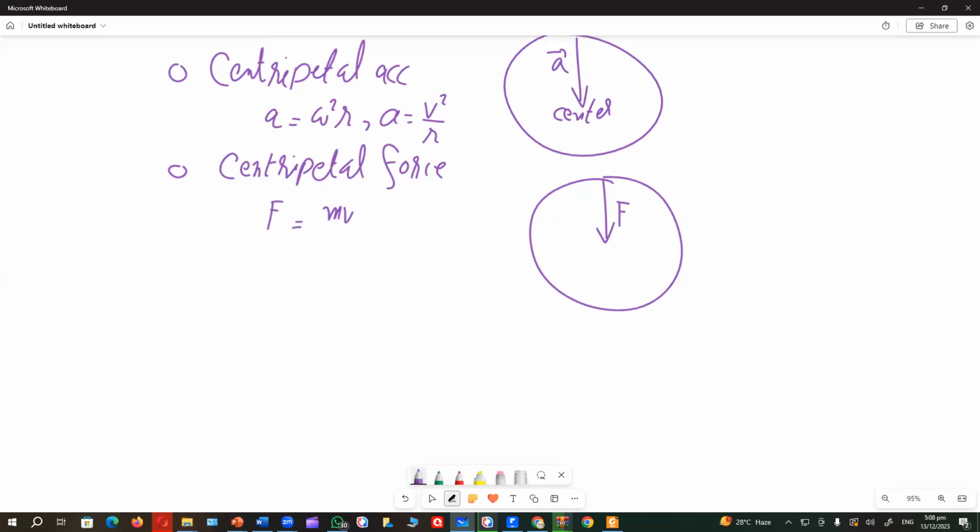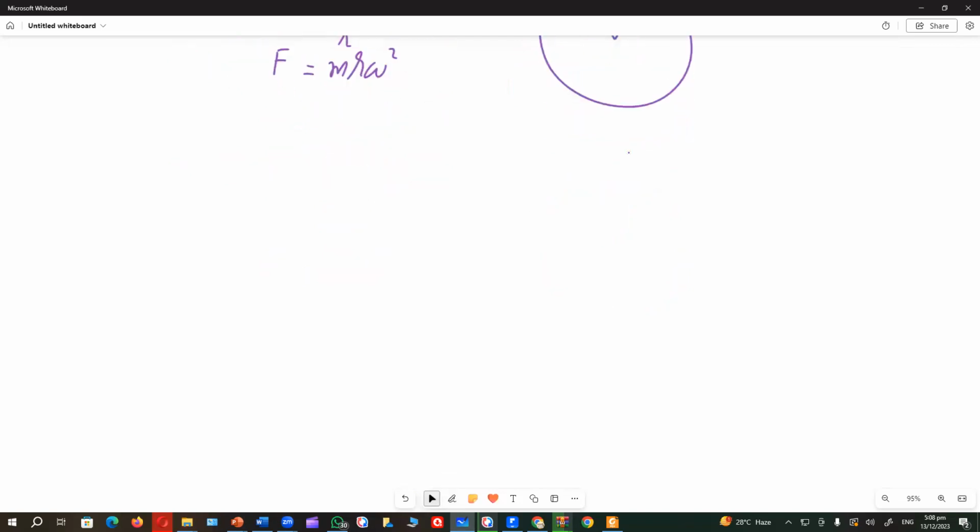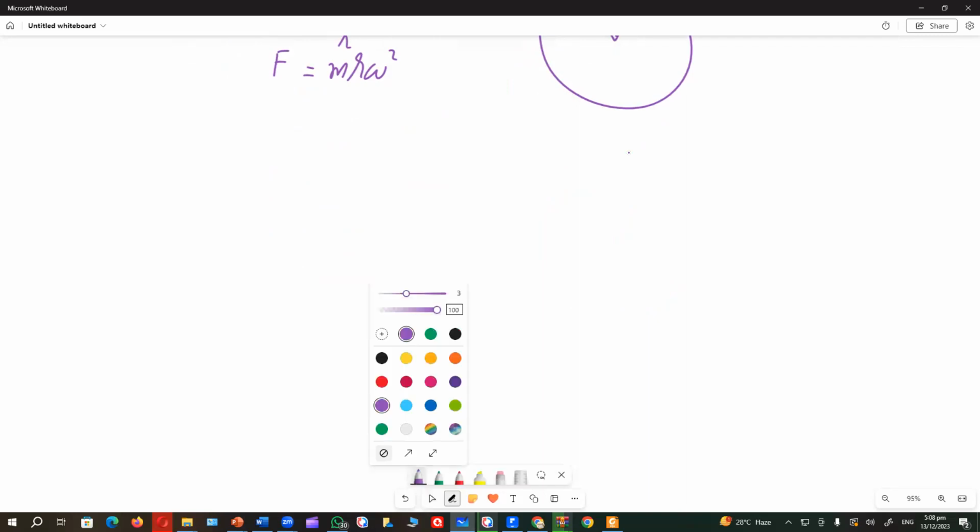I recall the formula: F is equal to mv square upon r, and F is equal to mr omega square. So this is the chapter circular motion, which is not giving a separate question every time. It is a part of gravitation.